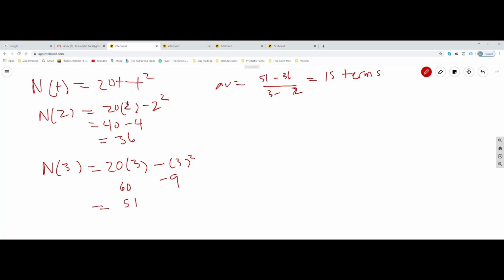They give us a time, which is 2 hours. So you know that at 2 hours it is 36. So at 2 plus h, we're just going to substitute 2 plus h for the t. So 20 times (2 plus h) minus (2 plus h) squared.